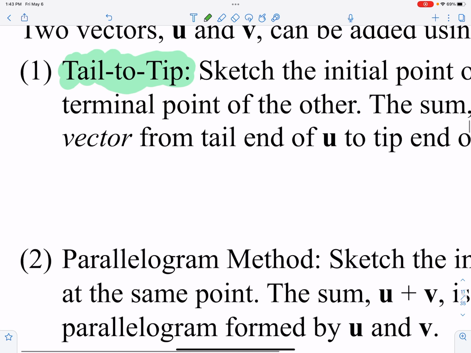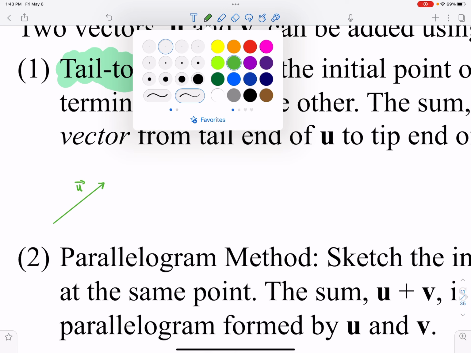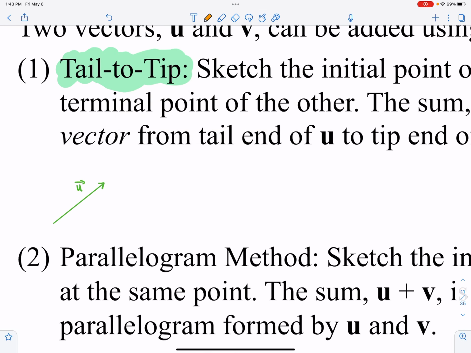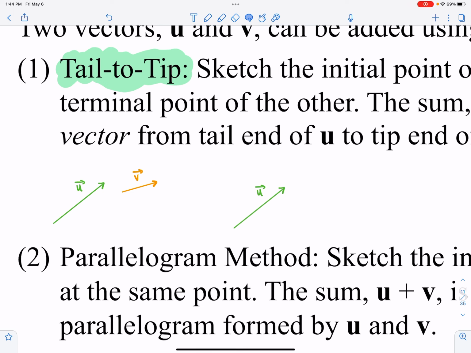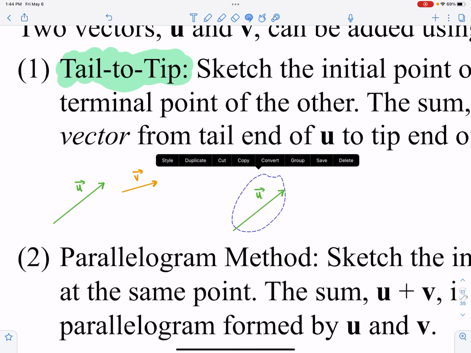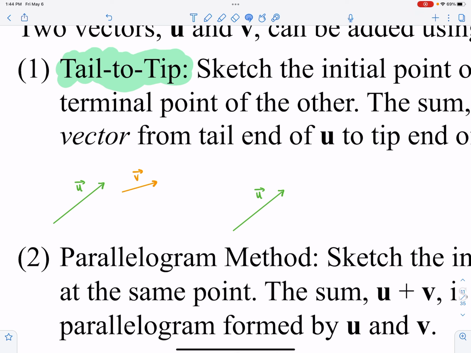Let's say that we have vector u and vector v, and the tail to tip method would be if we wanted to find the vector that we would get from adding vector u plus vector v. Vector u plus vector v is what I'm going to name this new vector that we get from adding the two vectors together. And this is the geometric interpretation.